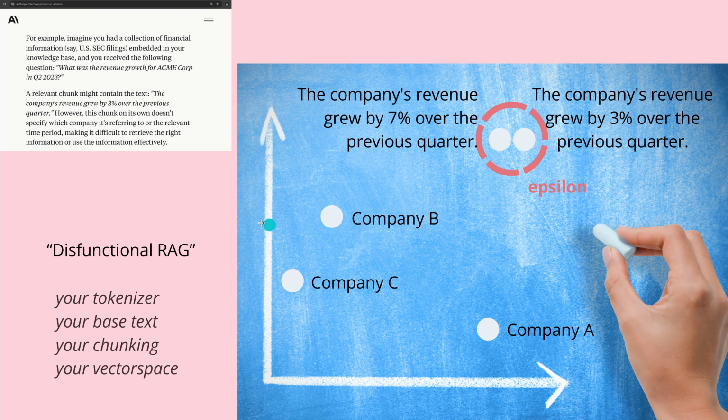Isn't this beautiful? May I remind you, this is an oversimplification by me, because you have to take care about your tokenizer, what you tokenize, how the context is tokenized. You have to take care about your base text for the tokenizer to build a vector representation for RAG.